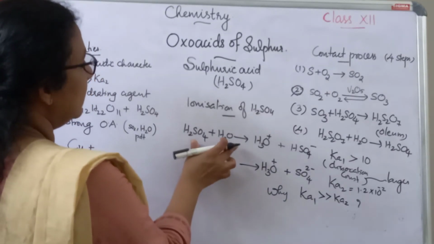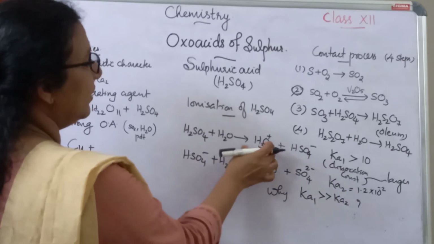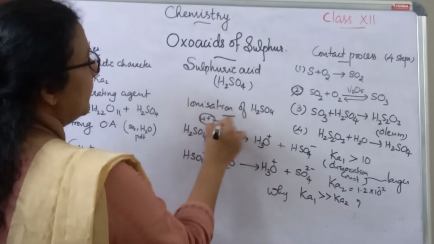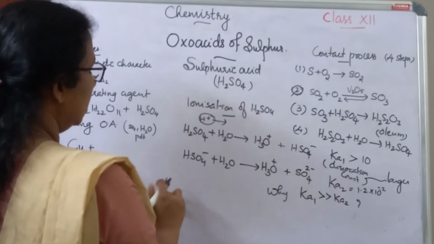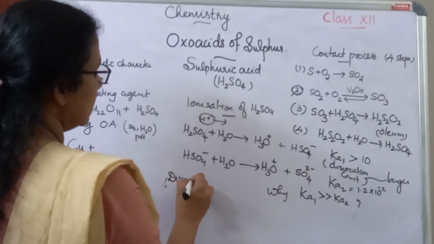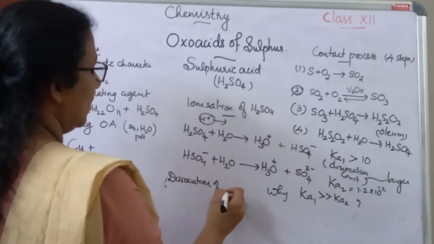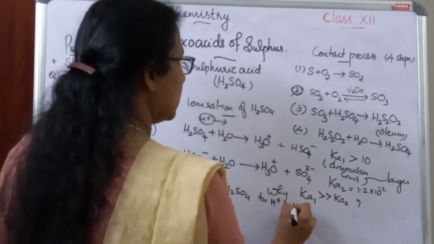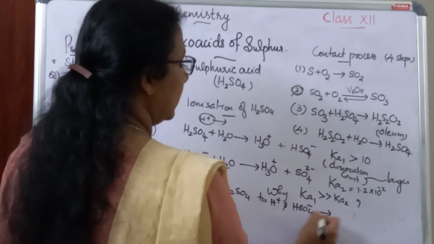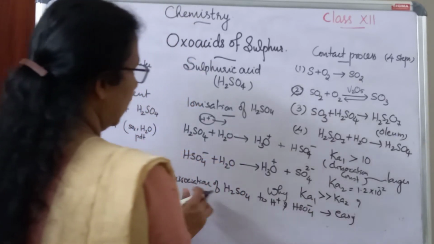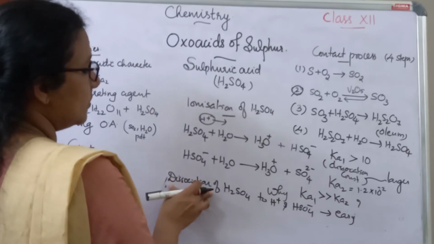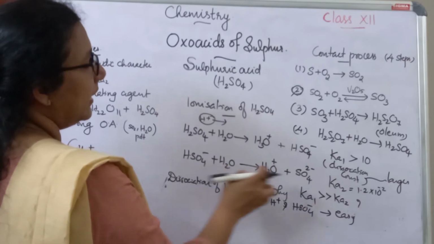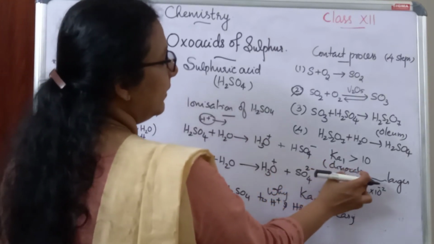In the first step, the ionization is very easy. It is very easy to release H plus, so the dissociation of H2SO4 to H plus and HSO4 minus is large, and Ka1 is very large.